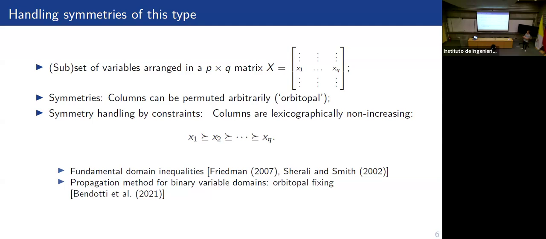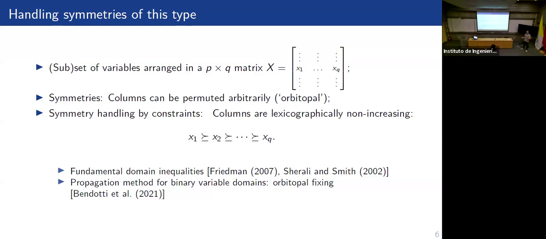And another approach is to ignore these constraints in the actual solving of the subproblems, but to apply propagation techniques, which means that we use the knowledge of these constraints to tighten the variable domains even further and reduce the size of the feasible region in subproblems that way. I will come back to this, what this exactly is, but orbitopal fixing, it's a common method.